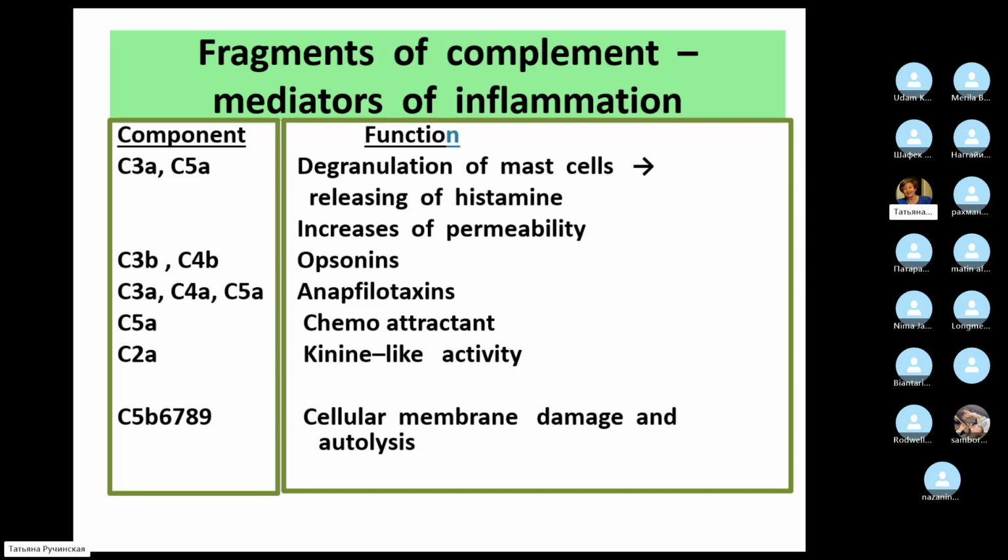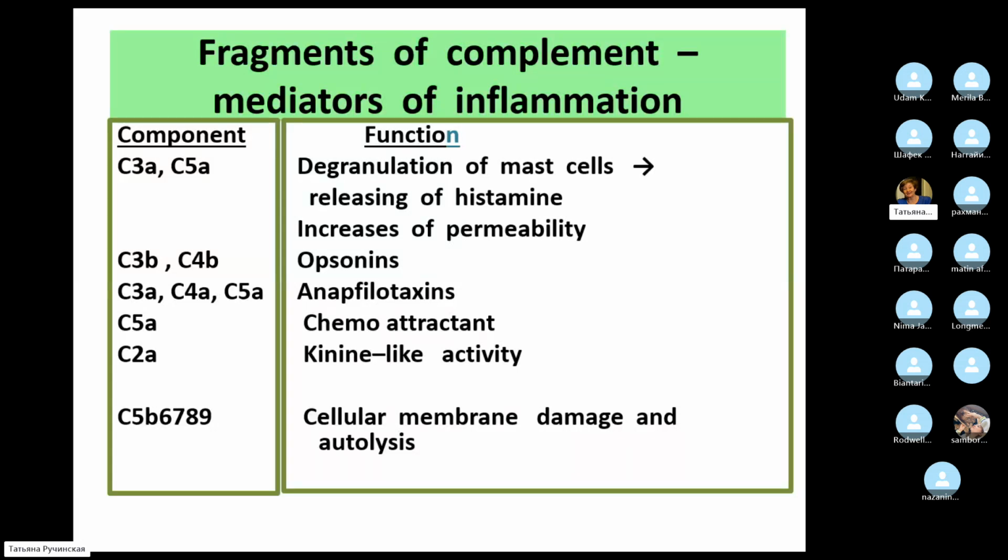Except for the membrane attack complex, there are the functions of all components of complement. What I told you once, that C3a and C5a may lead to degranulation of mast cells.